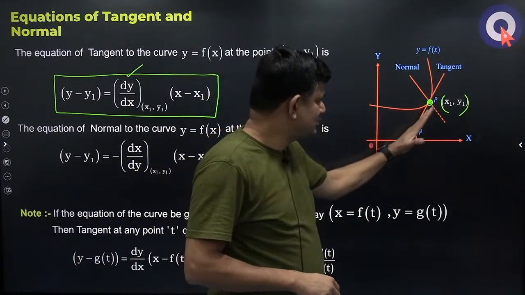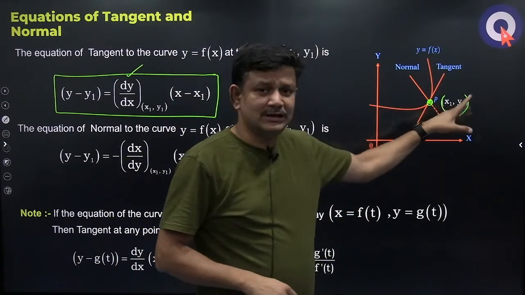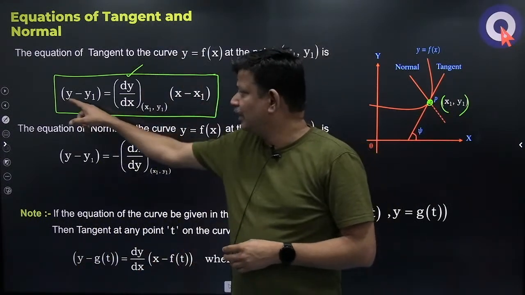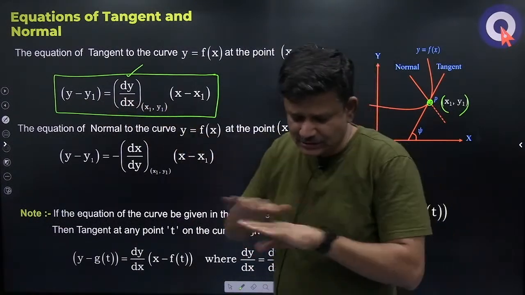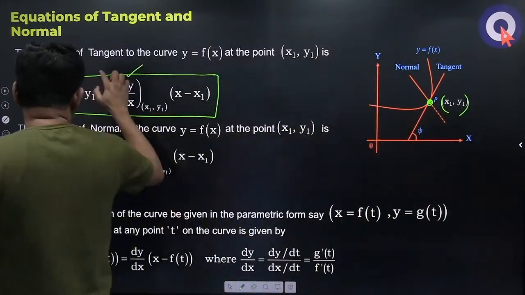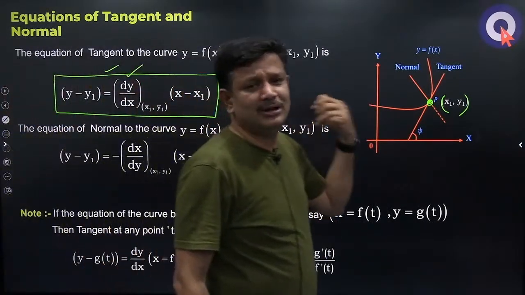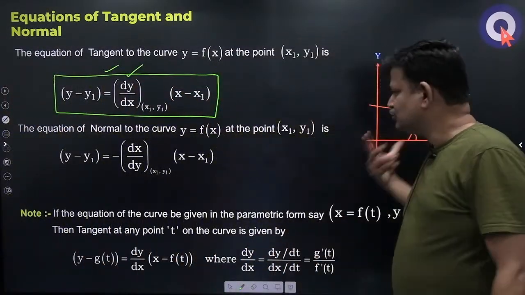So your tangent slope is known, and it is also known that it passes through the point x1 comma y1. So y minus y1 is equal to m times x minus x1, along with the slope.